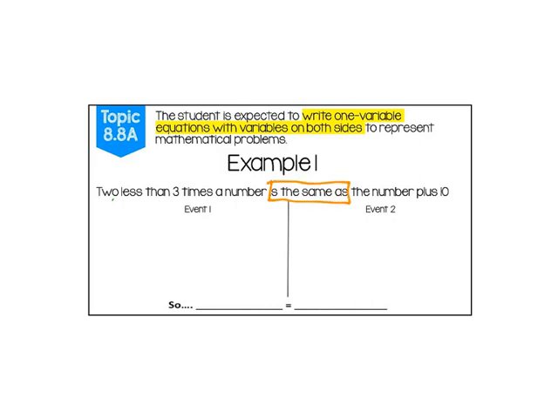If I find "is the same as," or equal, or equivalent, this is where my equal sign is going to be. So it separates my scenario into two parts: part 1 here, or event 1, and part 2 here. In our little table, I've broken it up just like that.